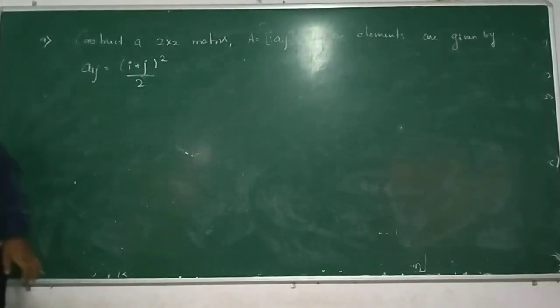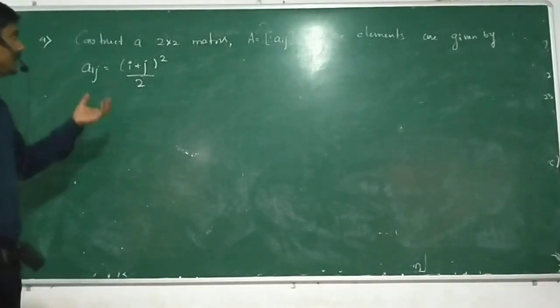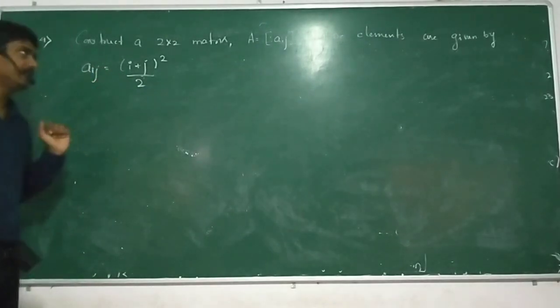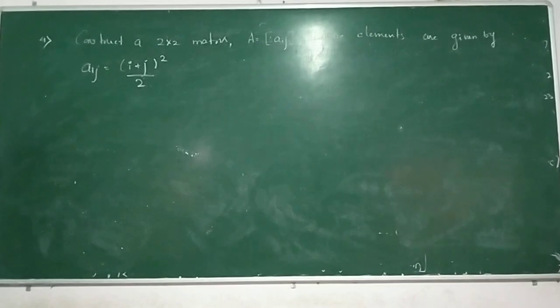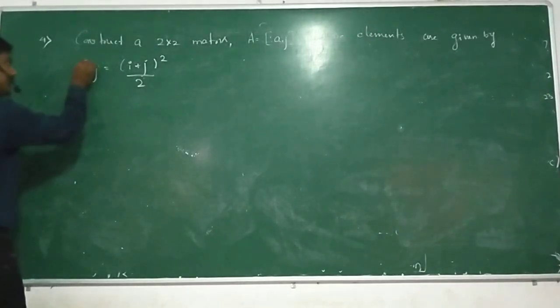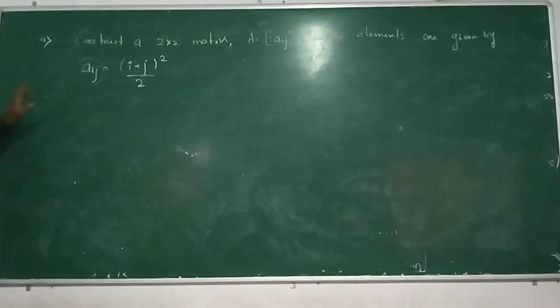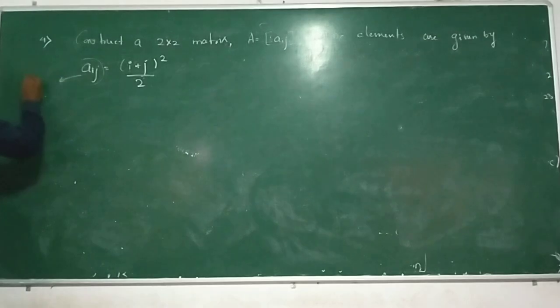Generally in your annual board examination we get a question of this form for 1 mark, right? Okay, let us try to understand what is given and what we are asked. What is Aij? Aij is nothing but the general element of the matrix.